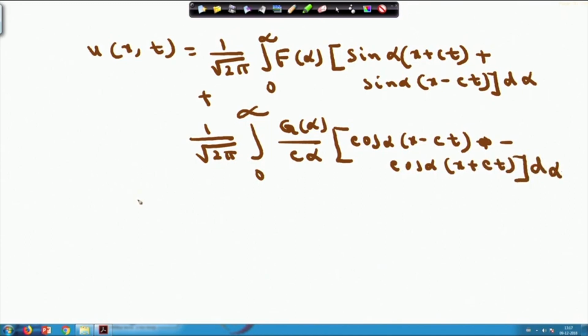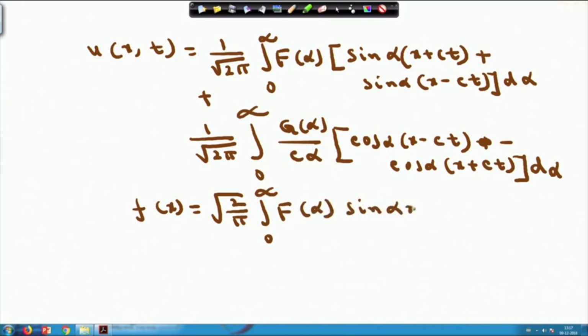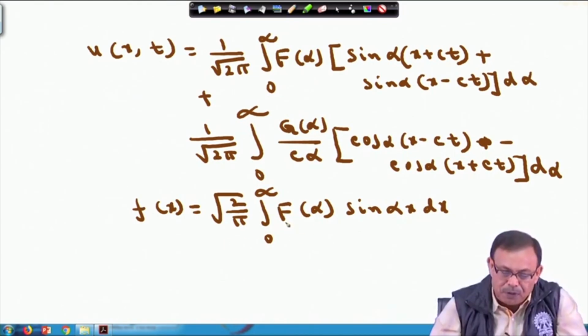Now, you know what your f(x) is. f(x) is nothing but root over 2 by pi, integral 0 to infinity, F(alpha) sin(alpha x) d alpha. We know it, where capital F(alpha) is the Fourier sine transform of f(x).